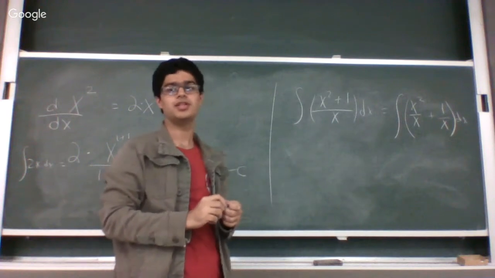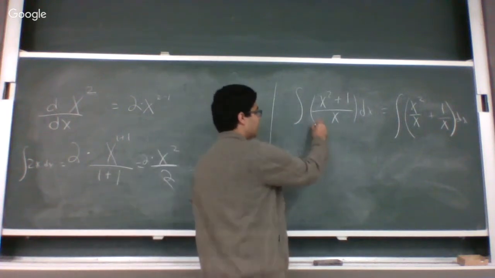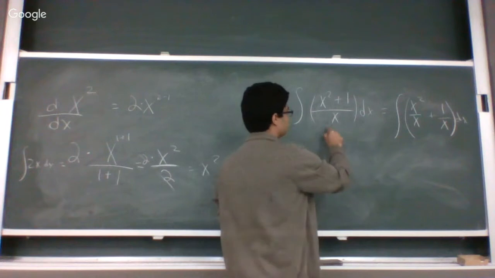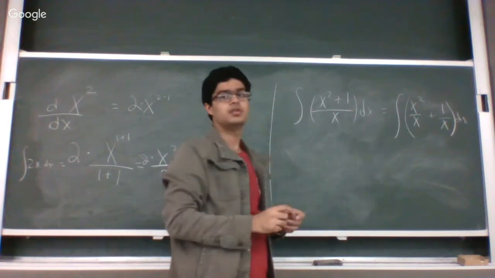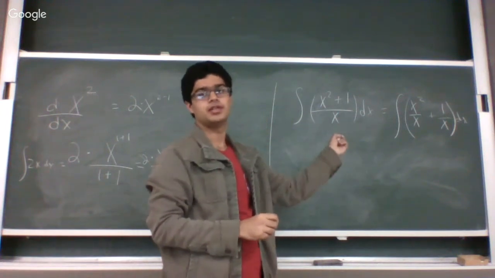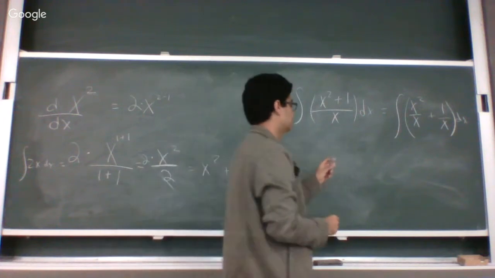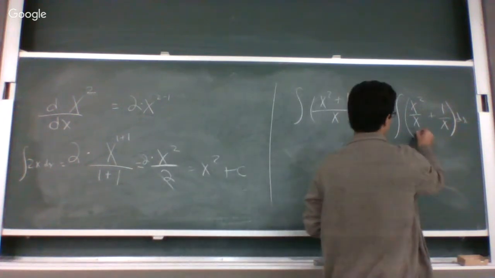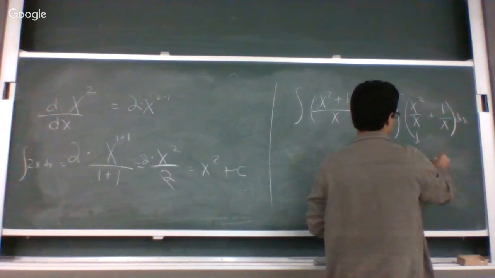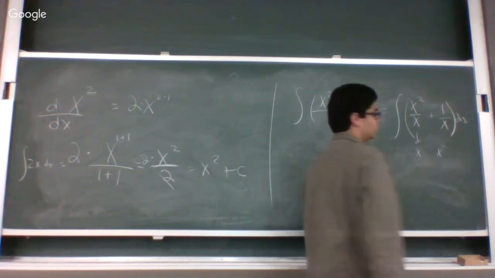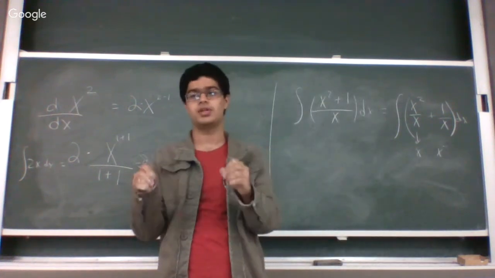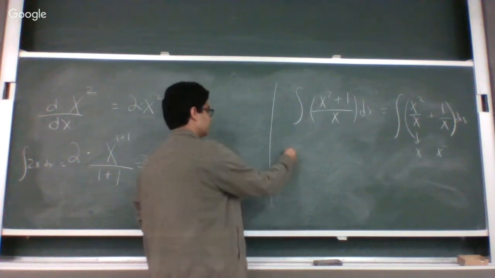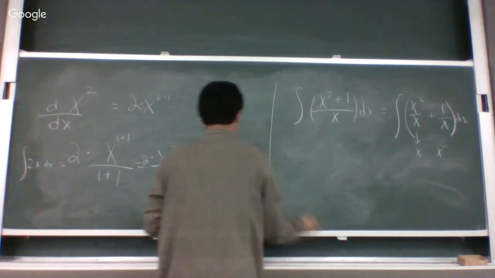You guys see that? This divided by x is the same thing as x squared divided by x and 1 divided by x, and that being added. So then this quantity becomes x, and this is x to the minus 1. Taking the integral of that is a whole different thing.